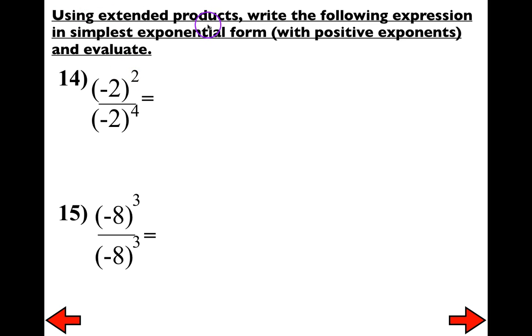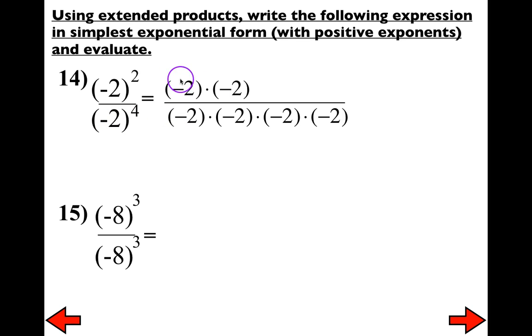So we're going to go ahead and extend the products, and then we're going to put in simplest exponential form, and evaluate. I'm going to put -2 2 times in the numerator and 4 times in the denominator. Here, the -2 divided by -2 is going to cancel out to 1. Keep going until you can't go any further. What's my numerator? Well, it's 1 times 1, which is just 1.